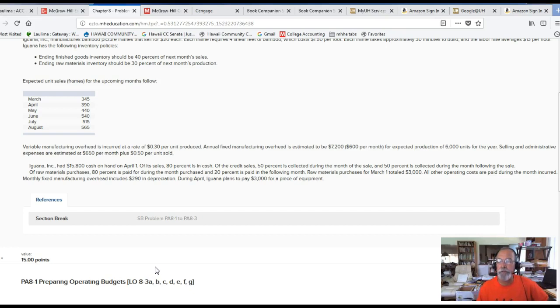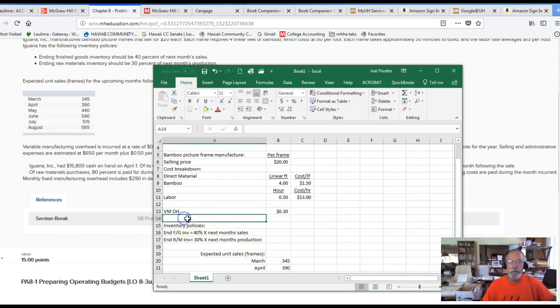Annual fixed manufacturing overhead is estimated to be $7,200 or $600 per month for expected production of 6,000 units for the year. So annual fixed manufacturing overhead. Okay, so fixed manufacturing overhead, why don't we do per month?